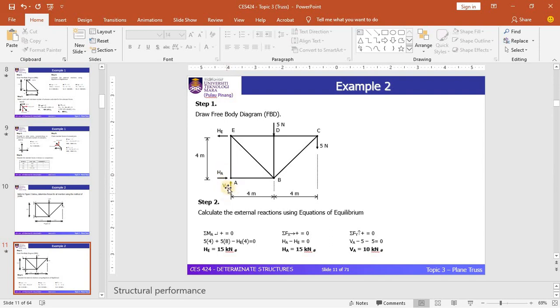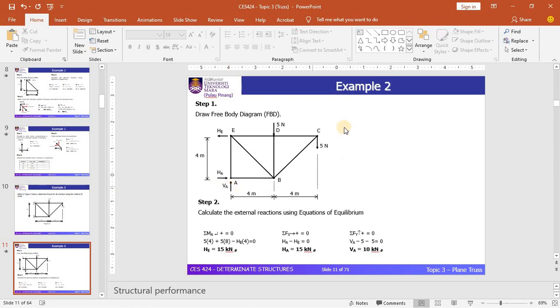That joint has more than 2 unknowns, so you can't move from joint B to joint A. You need to move from joint B to joint E. After that you can move to joint A because you have completed all the internal forces in the members. And at last you can solve for the reaction values HA and VE.